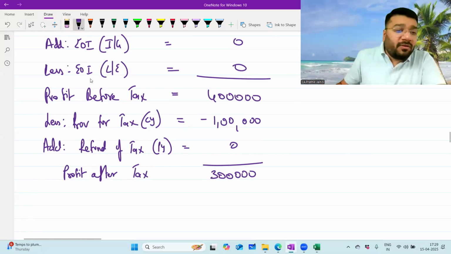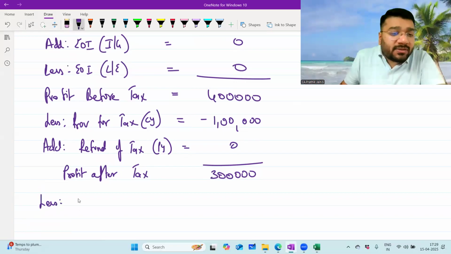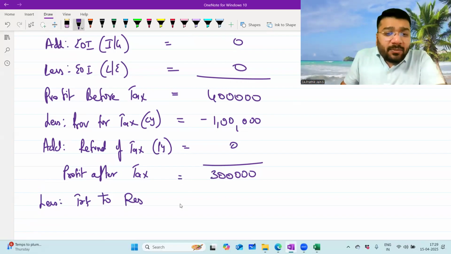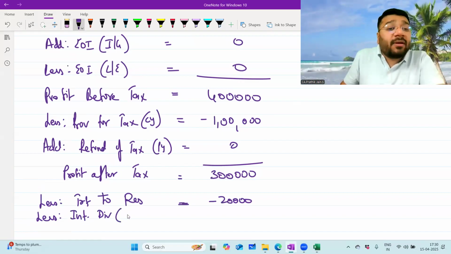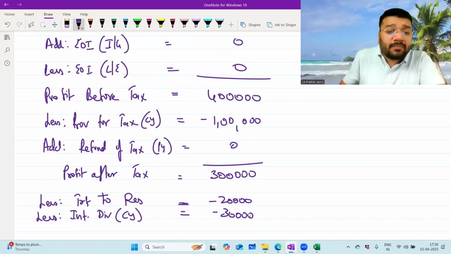4 items. First one is transfer to reserves. It need not be general reserve. It could be any reserve. Let's suppose I'm transferring 20,000 rupees. Then less interim dividend of which year? Current year. Very good. Let's say that is 30,000 rupees.